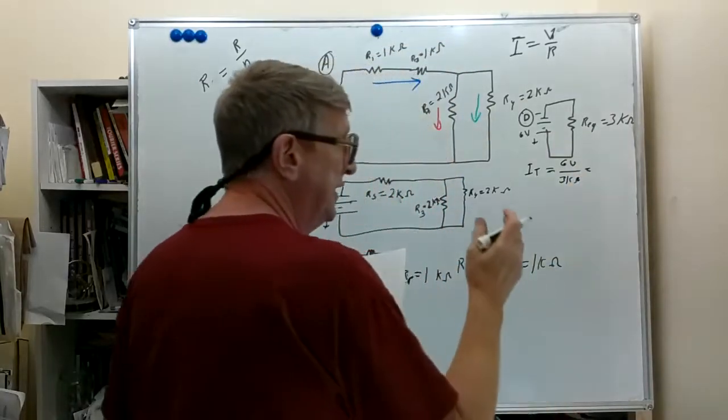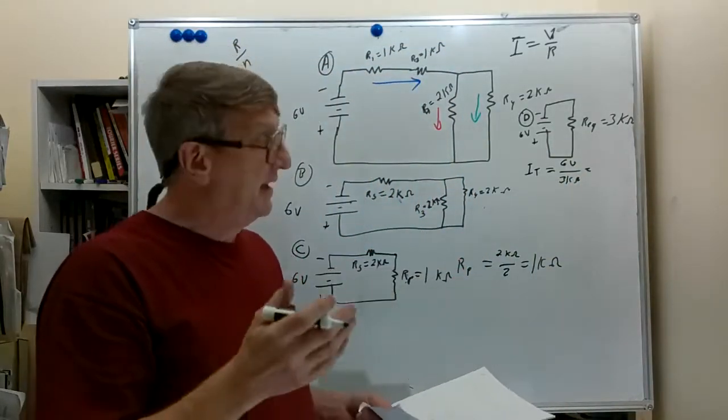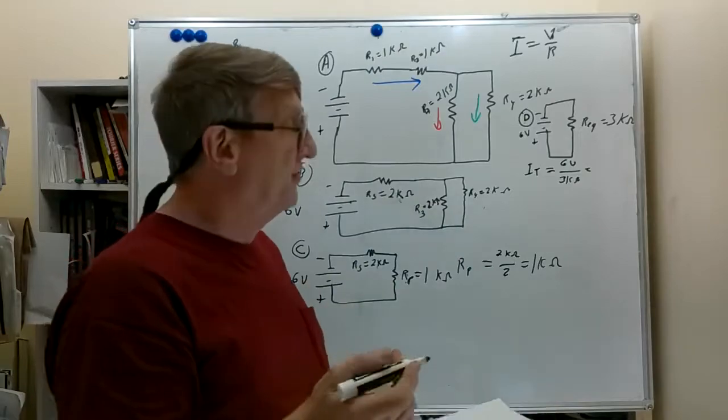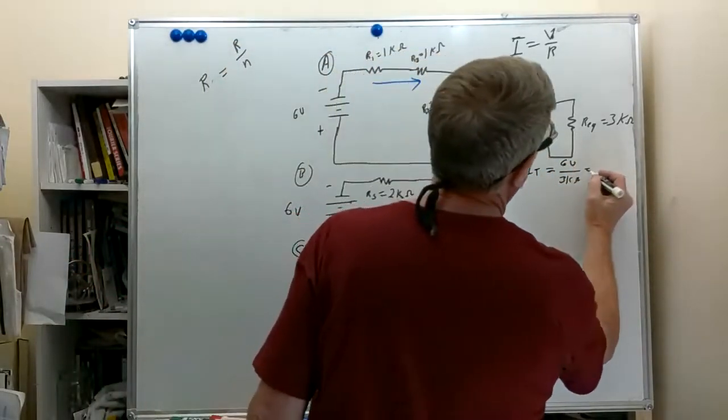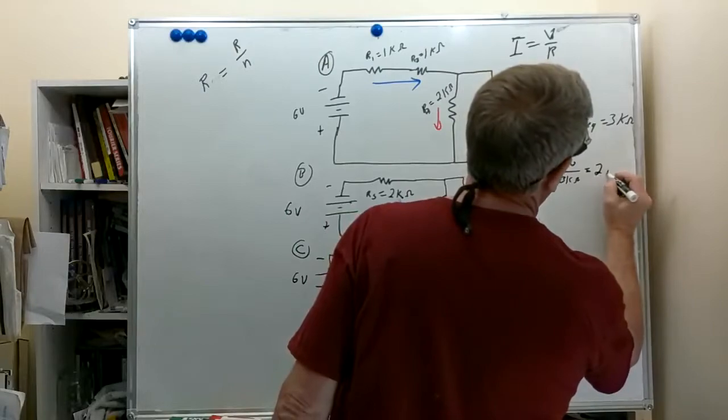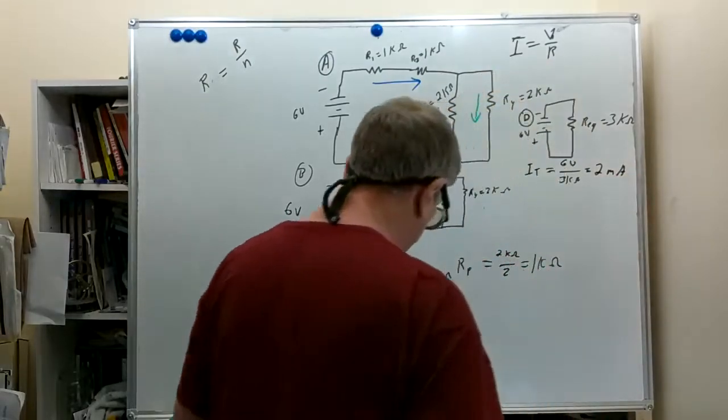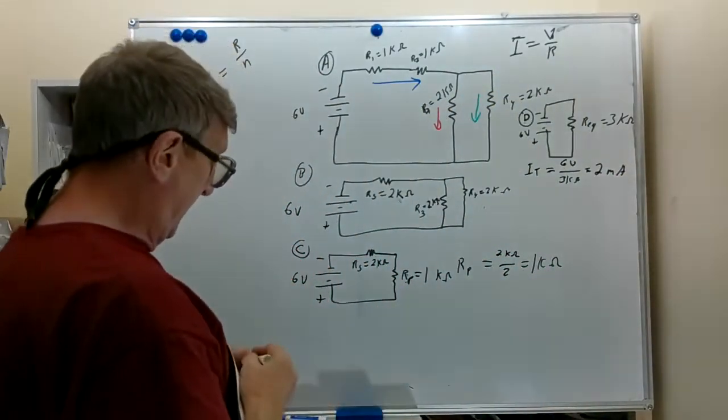And you remember when we take voltage and we divide it by k ohms, we get an answer in milliamps. So 3 into 6 is 2, so we have here 2 milliamps of total current coming from the power supply.